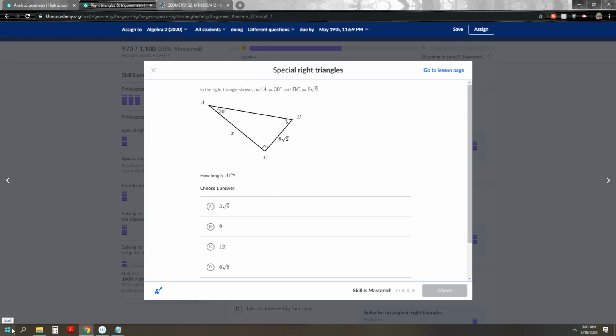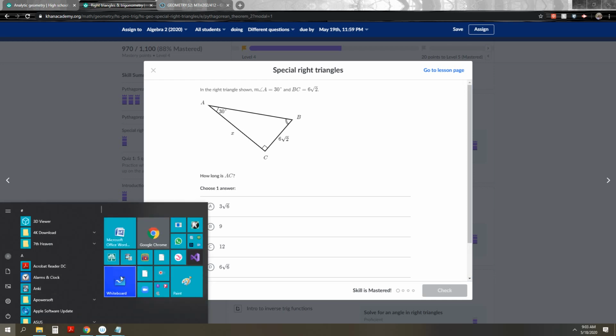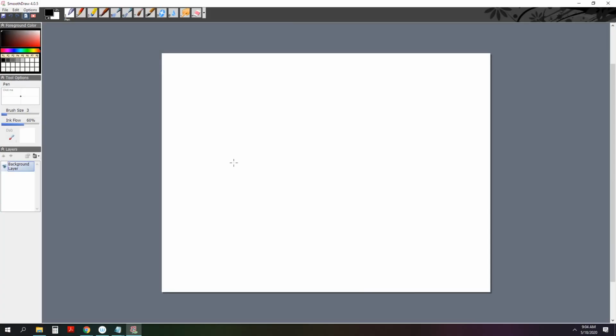I'm going to talk about this kind, which is a 30, 60, 90, and then I'll talk about the other one really quickly too. When we get to it, we'll just work on this one for right now.